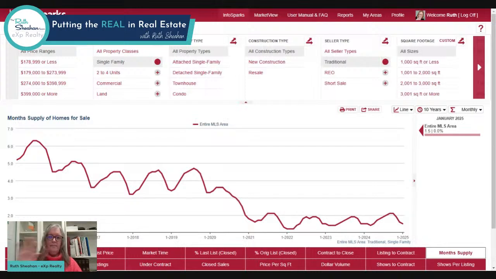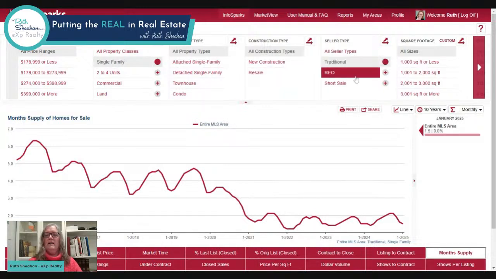It covers small towns, rural properties, urban properties, condos, single family homes. Doesn't include multifamily, small commercial or land, but we've got all property types, including attached, detached, all construction types, new construction and resale.